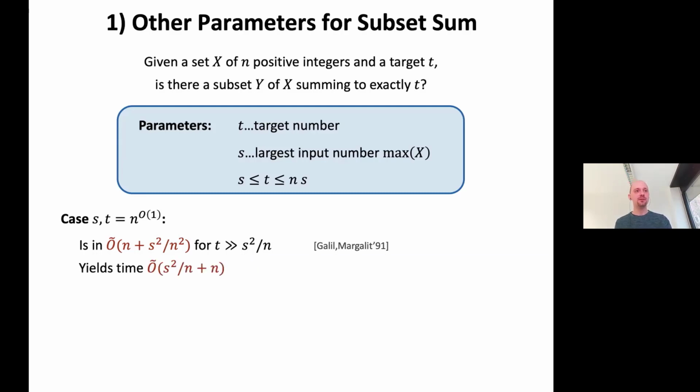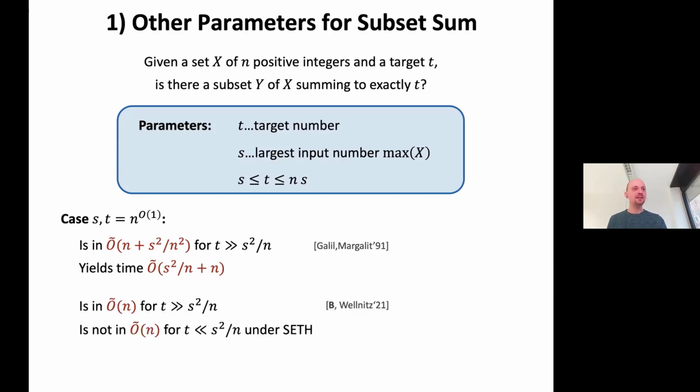In particular, for larger target, you can use the near linear in t algorithm. If you combine the two, then you can solve subset sum in time s squared over n plus n, and this doesn't have any condition. So this kind of curious running time is possible. It's not saying that you can solve it in time s.